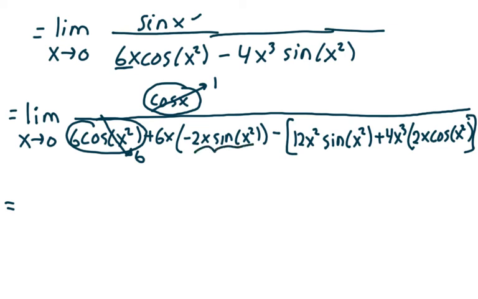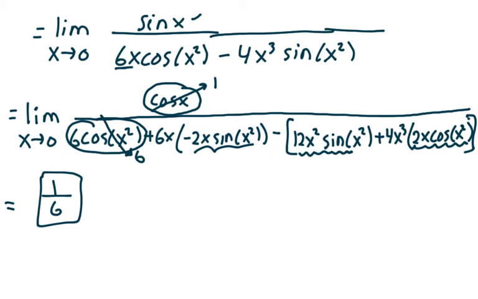This second term, because sine of 0 is 0. So is this term. And if I plug in 0 here, this term is going to go away. The only one left is that first term. And so the answer here is going to be 1/6 before you have to simplify further.